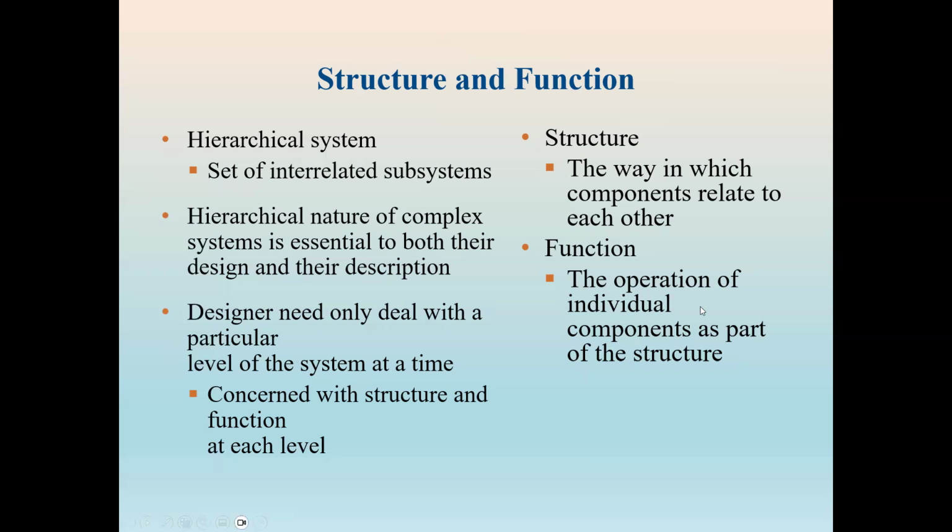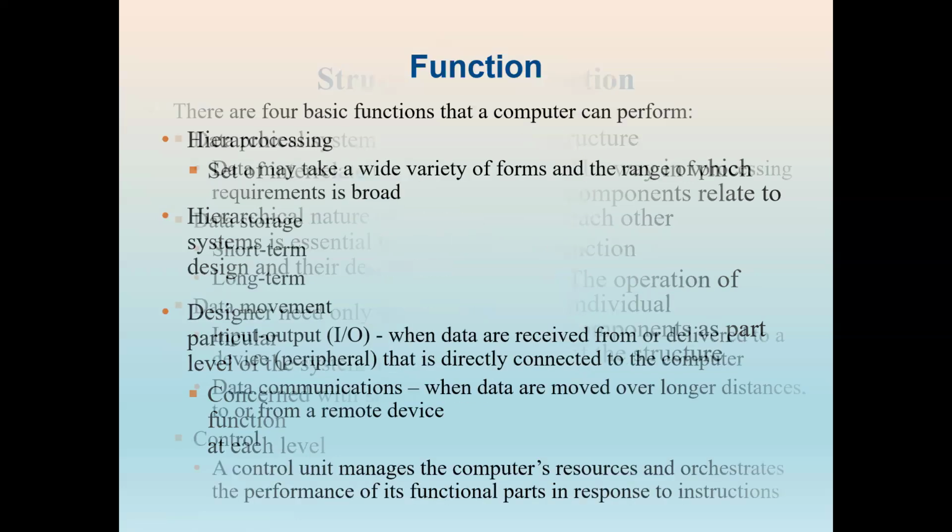A computer system will be described from the top down. We are going to begin with the major components of a computer, describing their structure and function, and possibly proceed to the lower layers of the system.